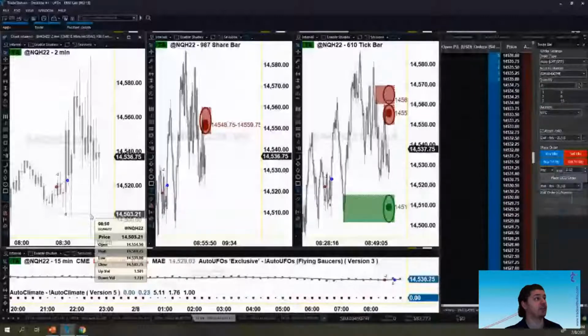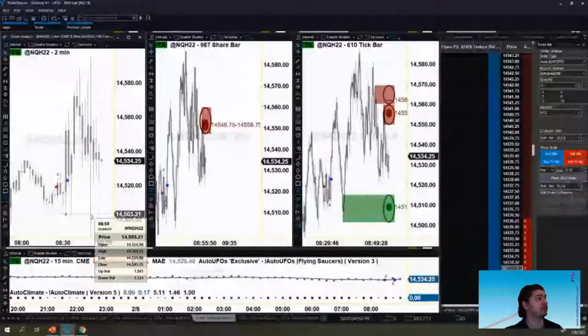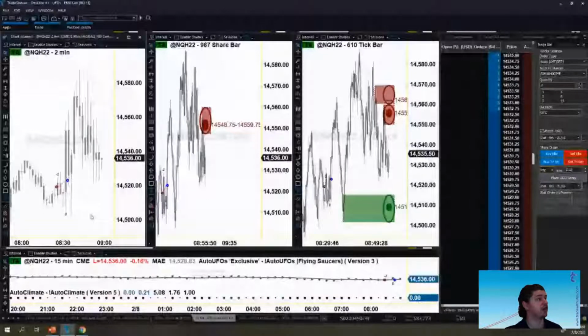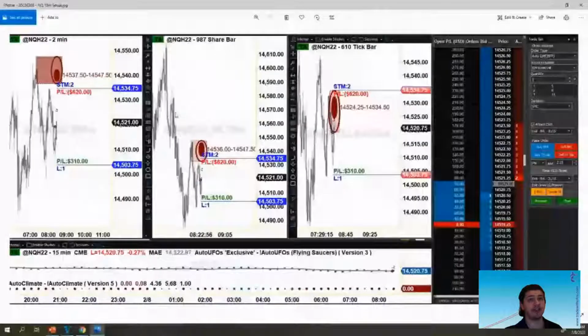So that would have been actually at worst a break-even trade, but then now I see that my stop was within a UFO on the share bar, which I don't understand how that's possible on my screenshot. So we could jot this down as an error, or we can jot it down as a small winner. Because I clearly on my screenshot here have it as an error. I'm going to jot it down as an error.